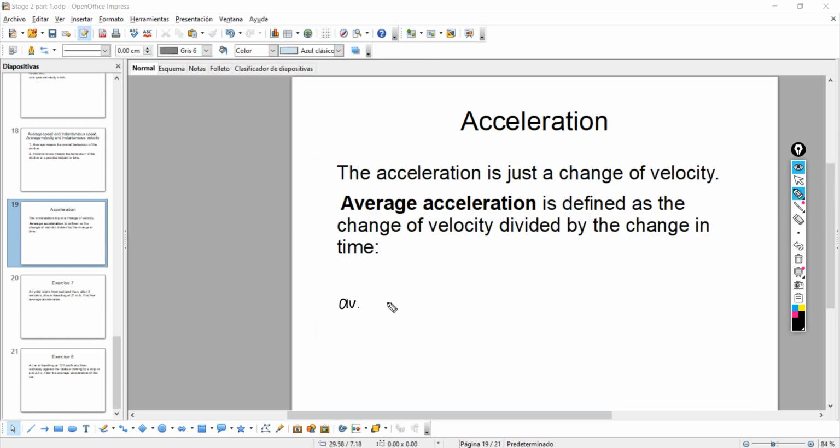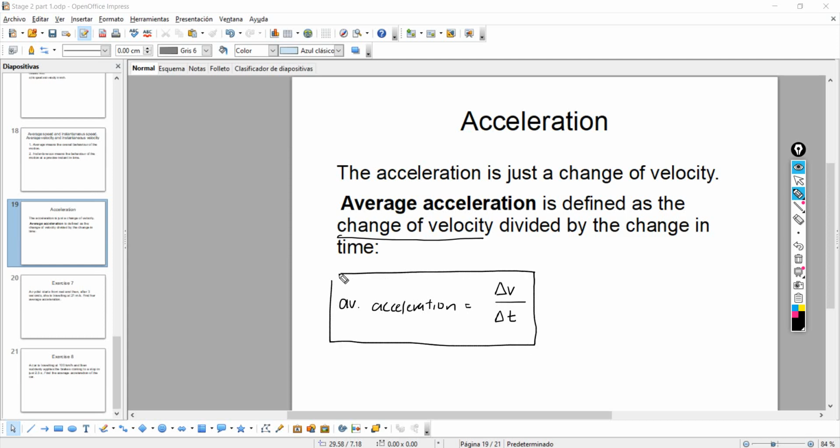We're gonna write average acceleration equals the change of velocity. I'm gonna write this weird symbol. It's like a triangle, and this is read change of velocity. I'm gonna repeat, this little triangle is read as change of velocity over the change in time. That is the definition of the average acceleration.